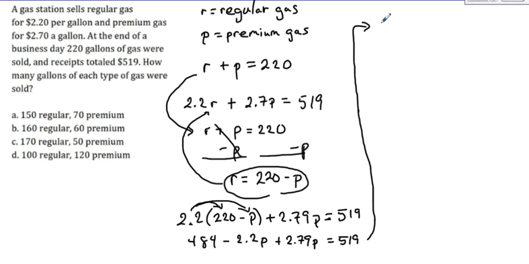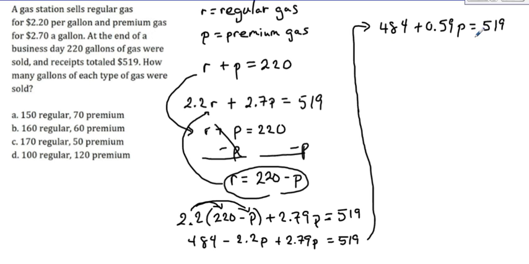So when we combine those, the 484 will remain, and 2.7 minus 2.2 is positive 0.5p, and we have that equal to 519.